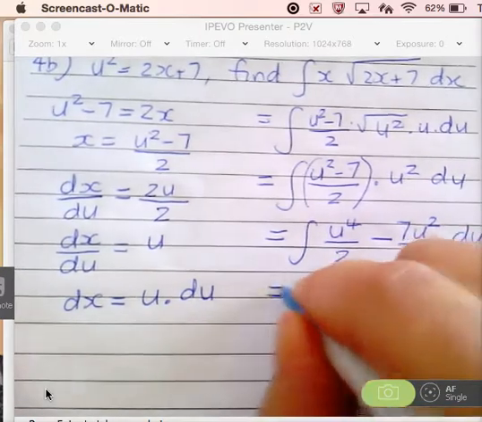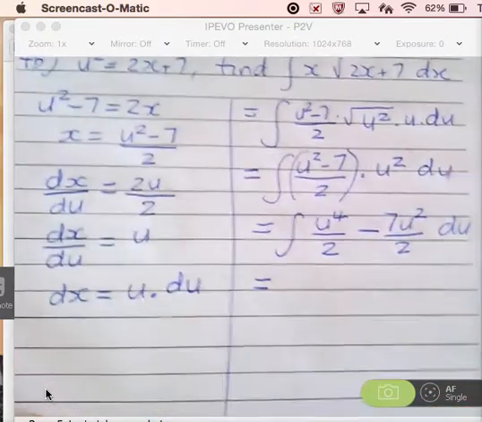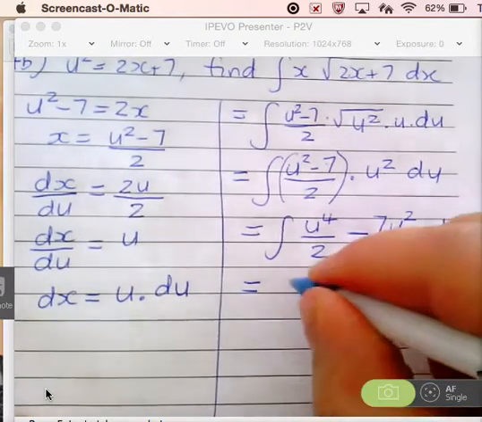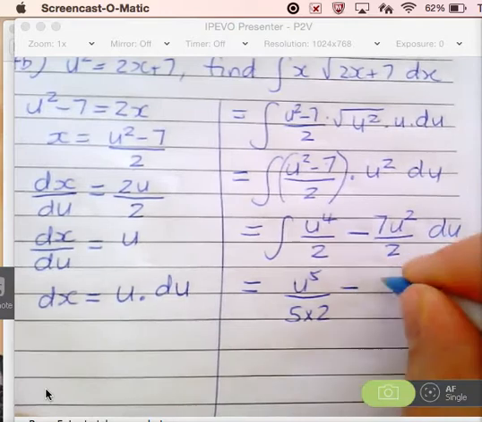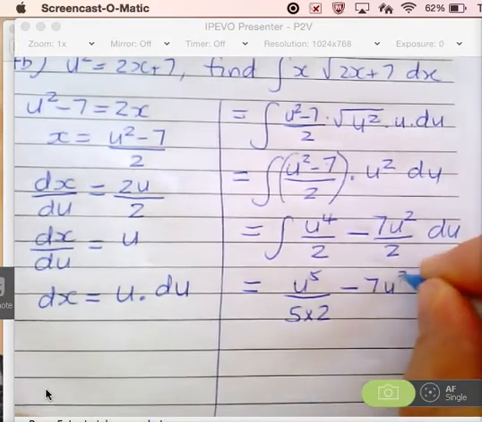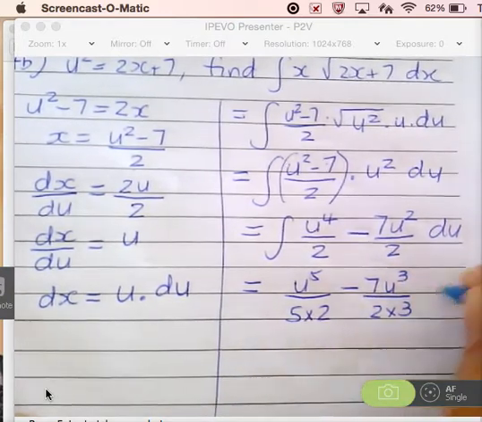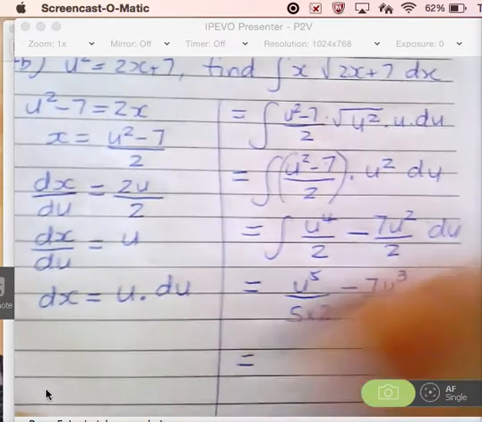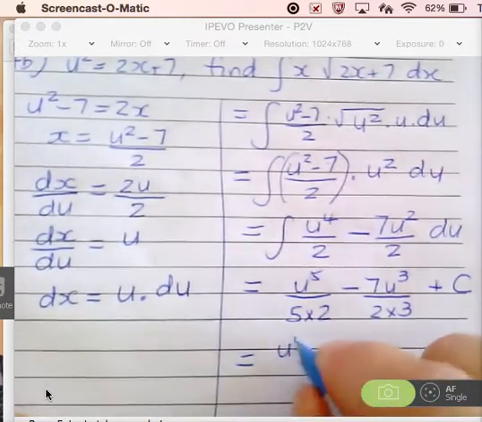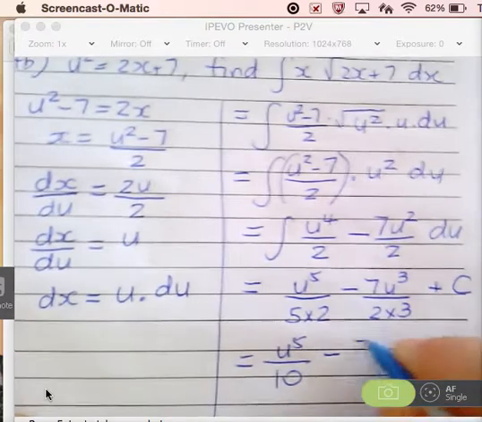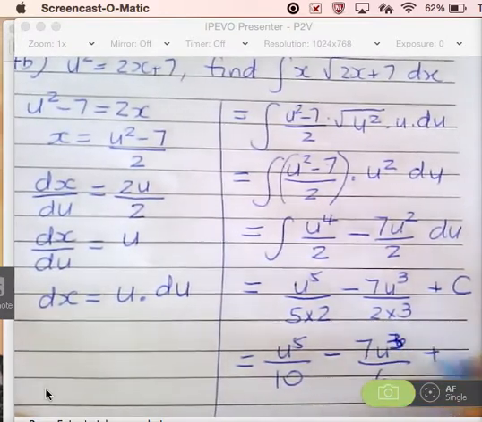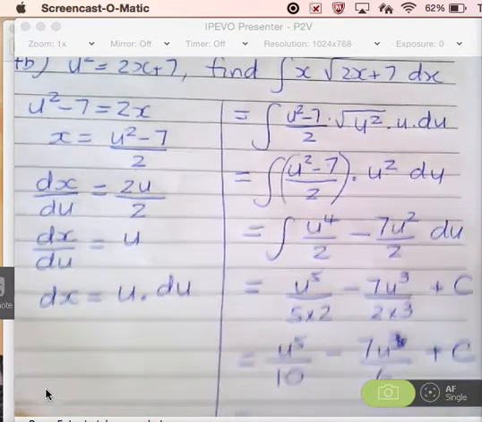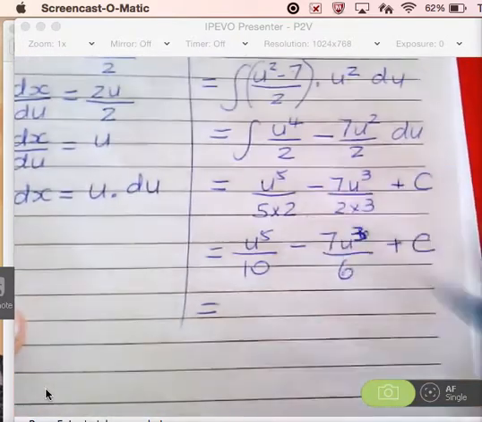So now what do I get? u5 on 5 times 2 minus 7u3 over 2 times 3 plus c. So it's u5 on 10 minus 7u3 on 6. Girls, that's exactly the same answer as I got the page before.